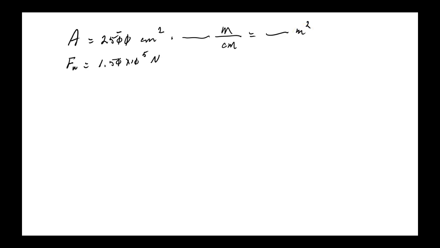Okay? Now, before we mess with the squares, let's find our conversion. How many meters in a centimeter, or how many centimeters in a meter? Centi means 100. So which is 100? 100 cents in a dollar, 100 centimeters in a meter. Okay, in 1 meter.